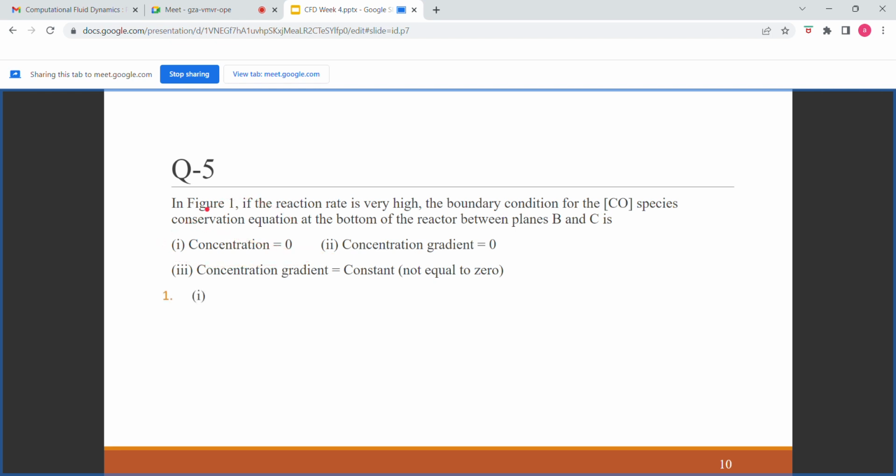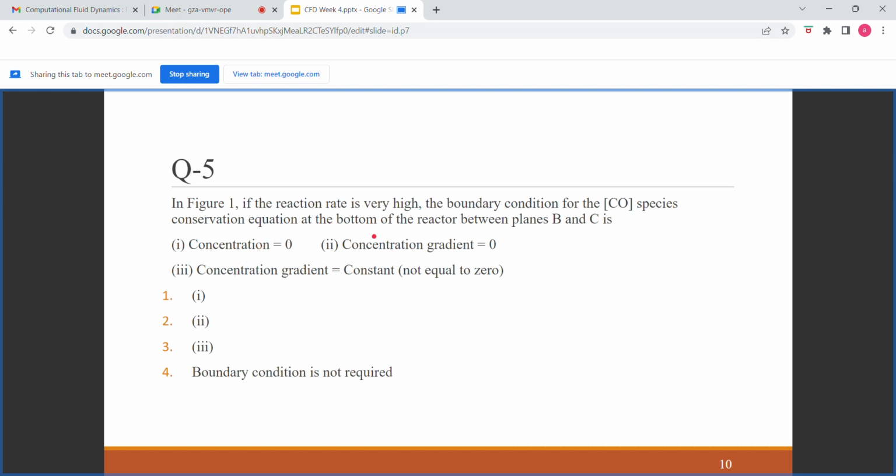So we'll see what are all the options that are given to identify the answer. In first it is given option 1, in second option 2, and third is option 3, and fourth is boundary condition is not required. Basically it is that concentration is 0.